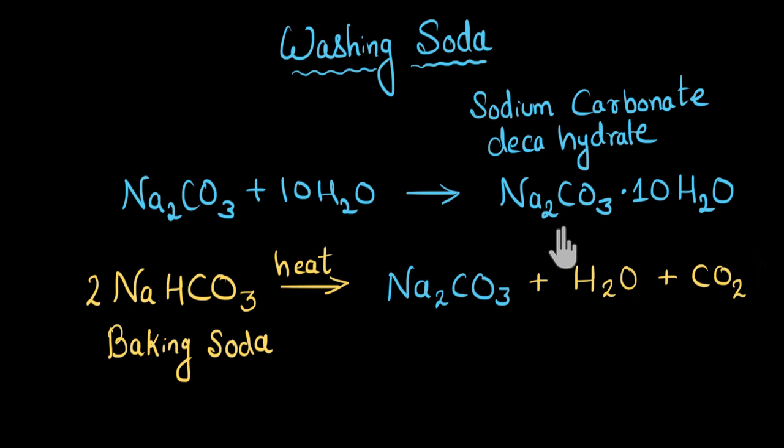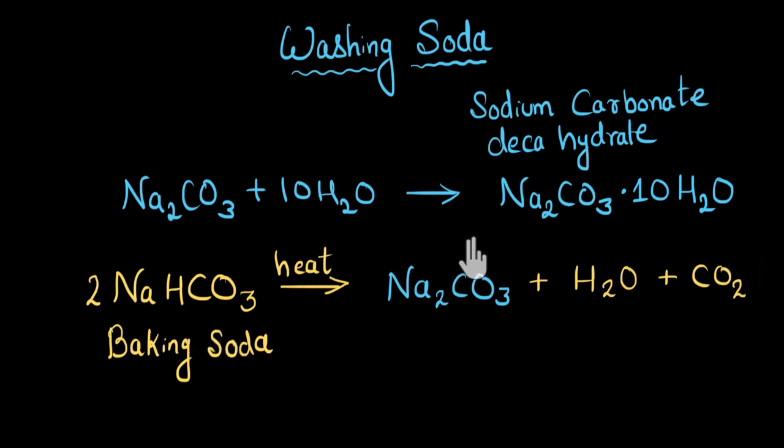So when I studied them for the first time, I used to get confused between their formulas all the time. So I made up this method. I said washing soda has extra water in it because washing requires water, and it does not have hydrogen. Whereas baking soda, on the other hand, does not have water but has hydrogen in it. And that's how I used to remember them.